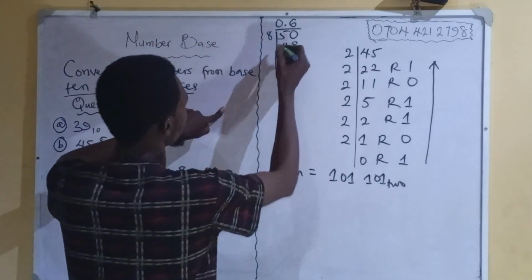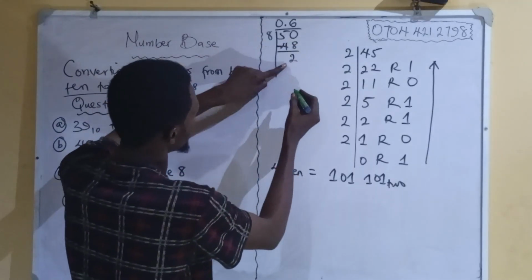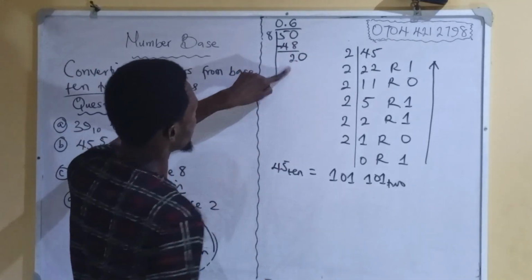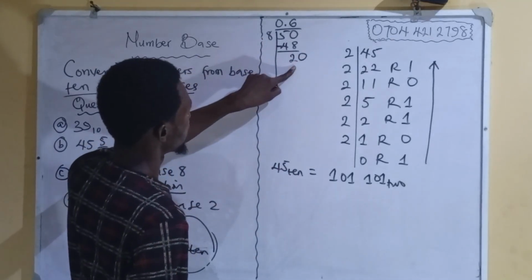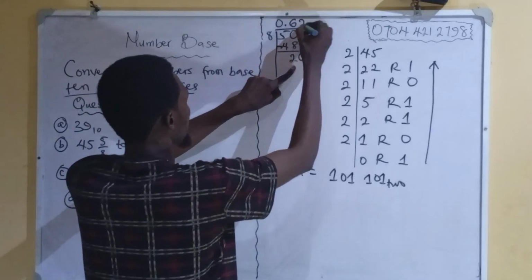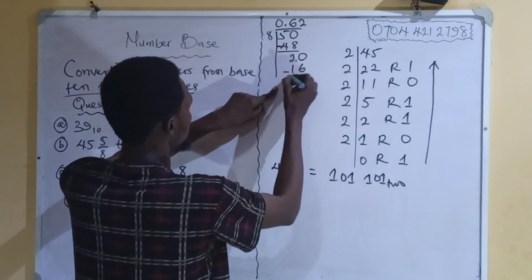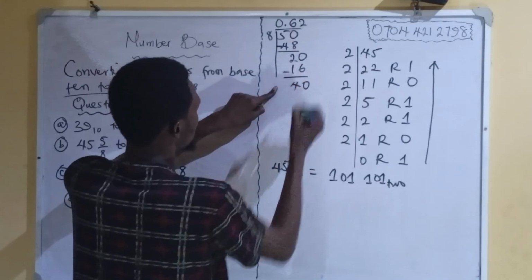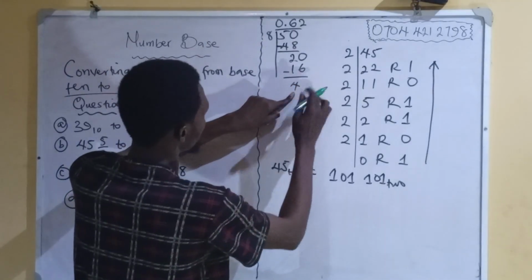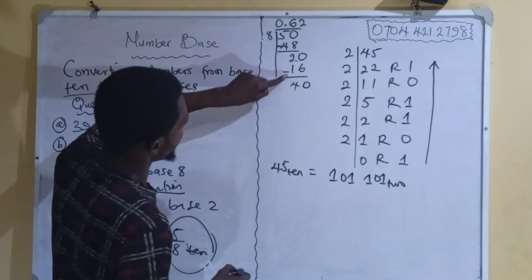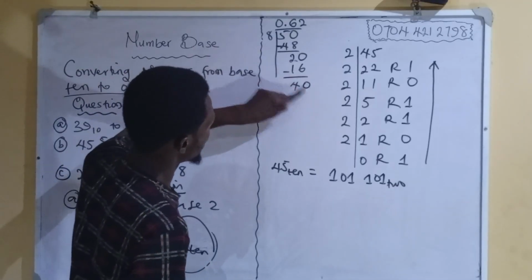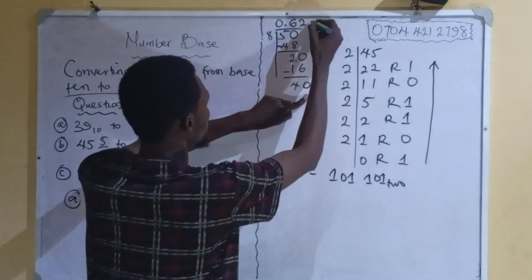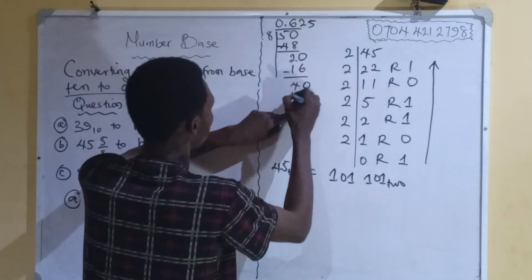The remainder is 2. So 8 goes here, cannot, you multiply by 10, so 8 goes to 20, that should be 2, and that is 16, and the remainder is 4. 8 goes to 4 cannot, so you multiply by 10, and then 8 goes to 40, that should be 5.